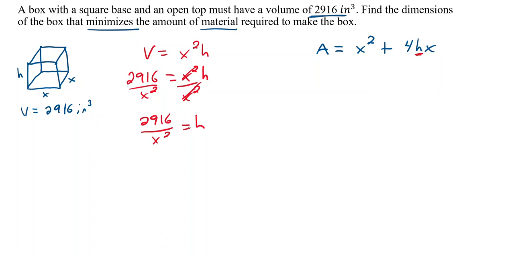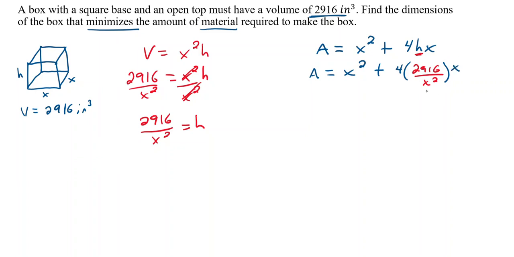So this is where we substitute in, instead of h, what we just found. So A is equal to x squared plus 4 times 2,916 over x squared, and then times x.